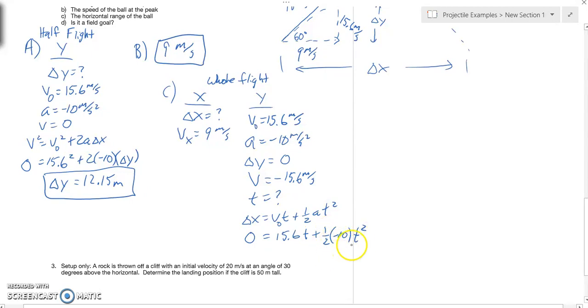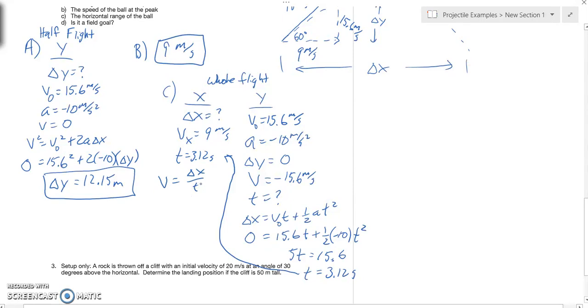I can move this -5t squared over to the other side, divide everything by time, so we end up with a pretty simple equation, just 5t equals 15.6. It's not a quadratic, it kind of looks like a quadratic, but we solve for time and we get 3.12 seconds. So we can use that up in our x direction. Time equals 3.12 seconds. The time it takes to go from here to here is the time it takes to go from here to here. Quite simple.